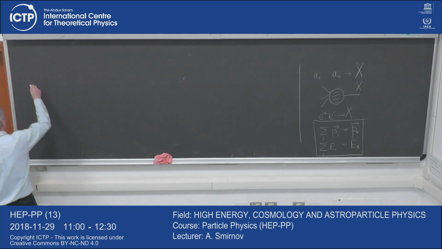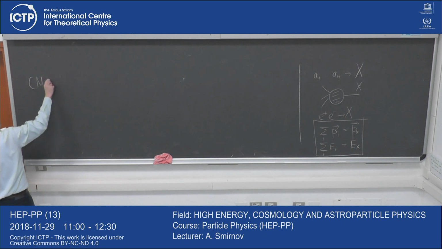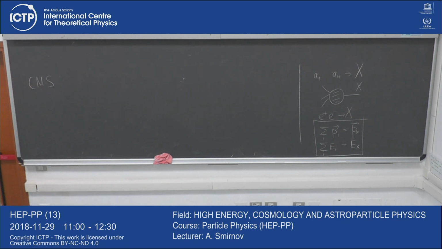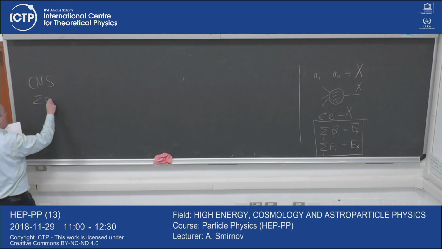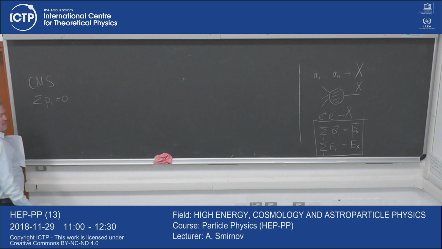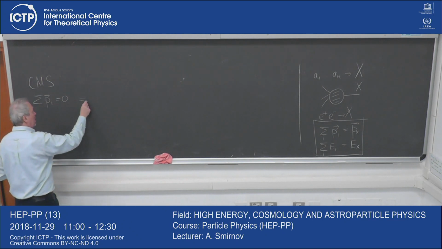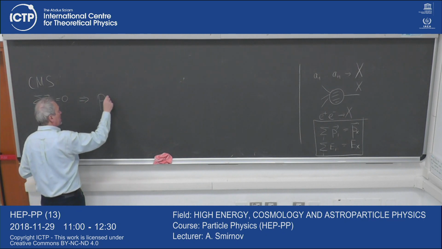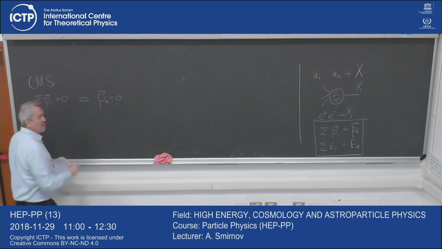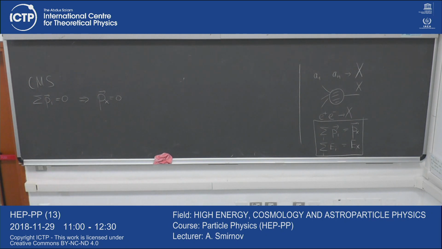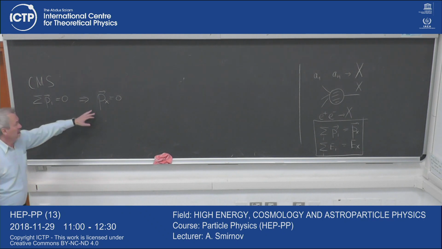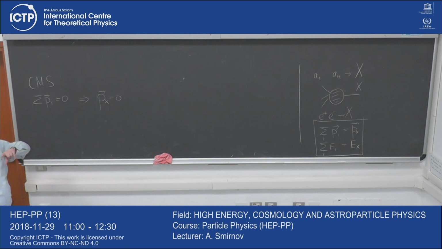Now let's go to the centrum of mass system. And in the centrum of mass system, the sum of Pi equals 0, right? This is our definition. And therefore, Px should be 0, right? According to the conservation of momentum, which follows from the first equality. This means that the produced particle, in this system, is at rest.